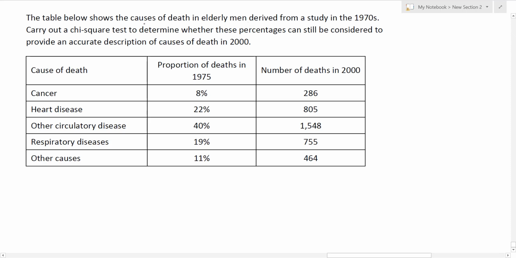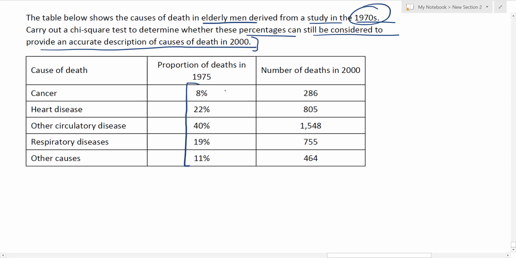The table below shows the causes of death in elderly men derived from a study in the 1970s. Carry out a chi-square test to determine whether the percentages can still be considered to provide an accurate description for deaths in 2000. They have not specified a particular distribution, rather a discrete distribution with these probabilities.